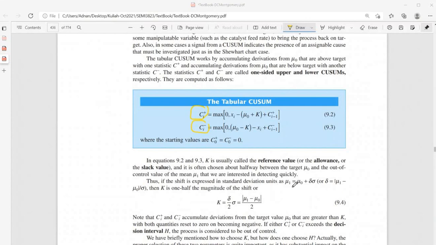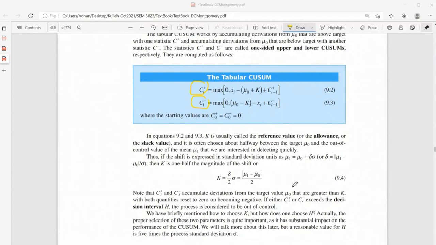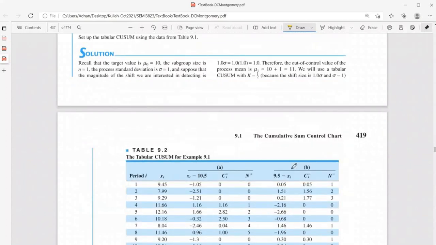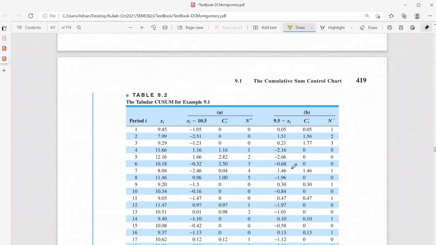The advantage of tabular Q sum is that we can even have different K values. The K value is called the reference value or the allowance or slack value. For example, here is the same example that you have seen earlier.